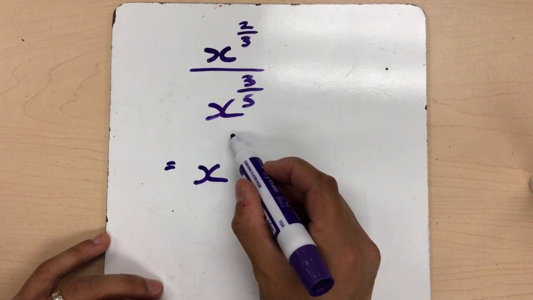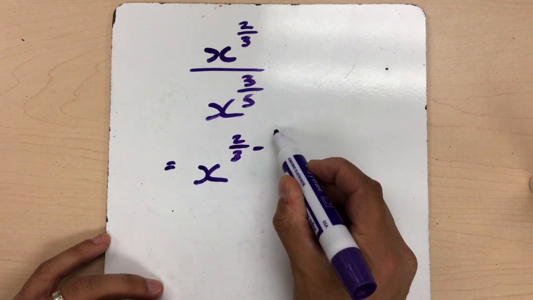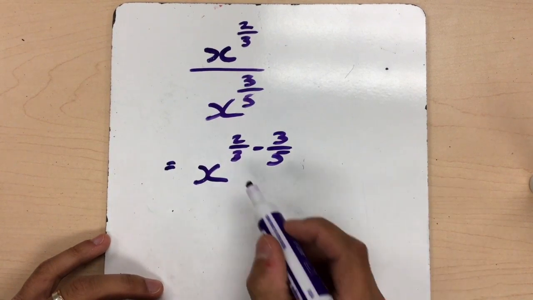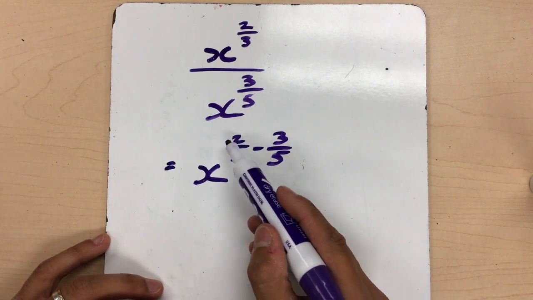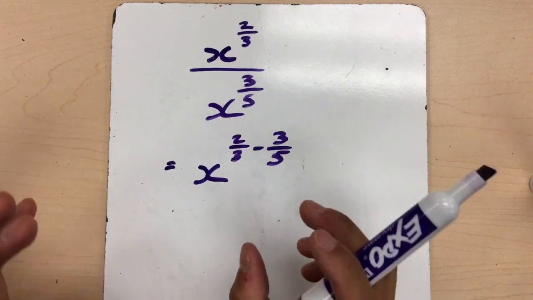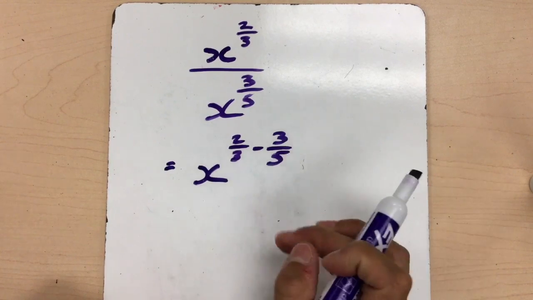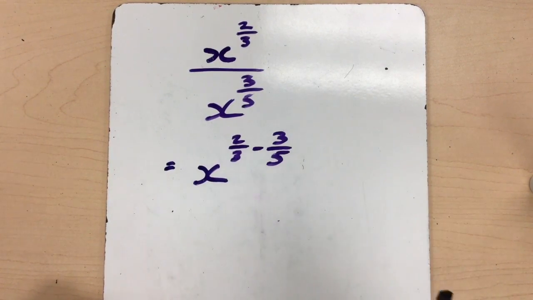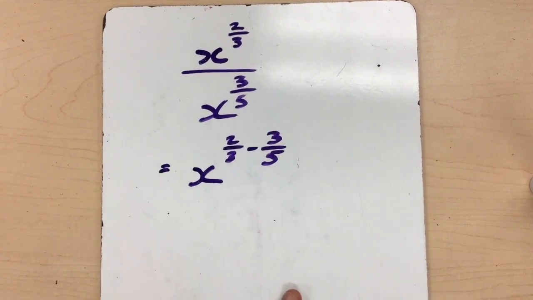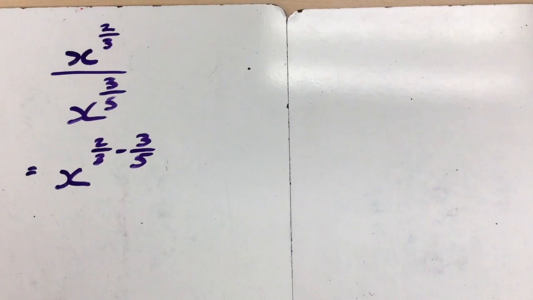So this becomes x to the power of 2/3 subtract 3/5. Now, just like we did last time, when we were working with the last example of combining our exponents, now we have a subtraction sign. We're subtracting exponents, which means we have to take the same approach and we need to simplify those exponents.